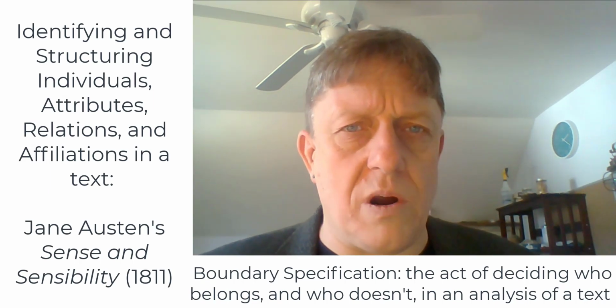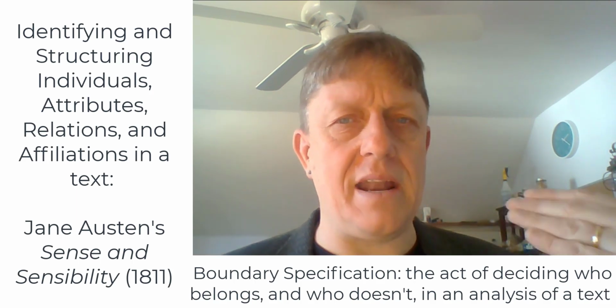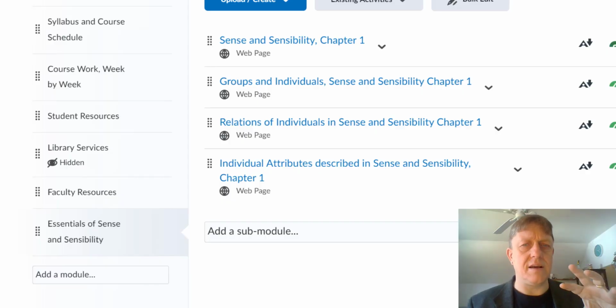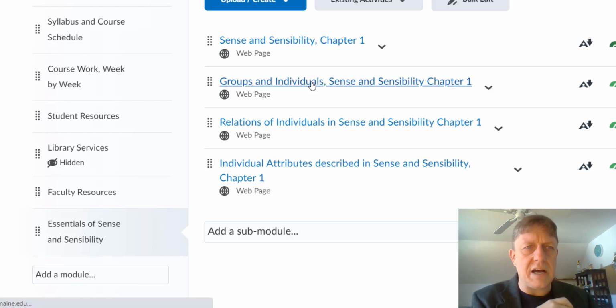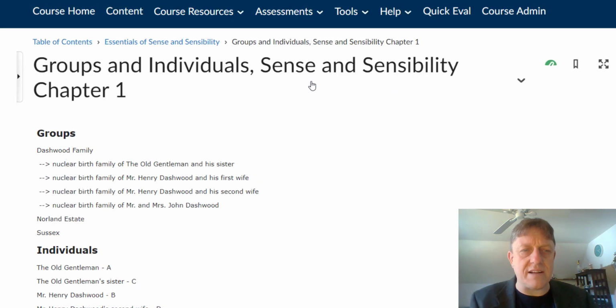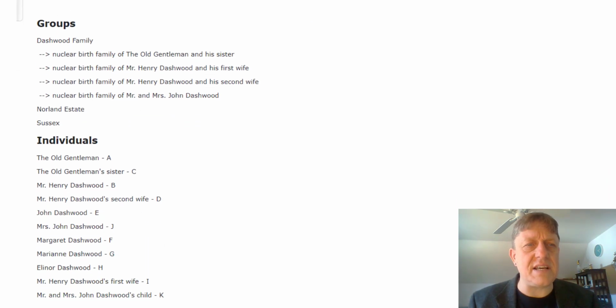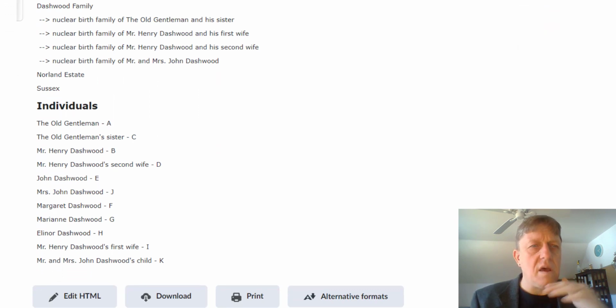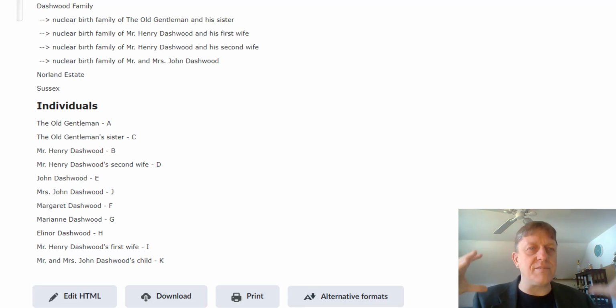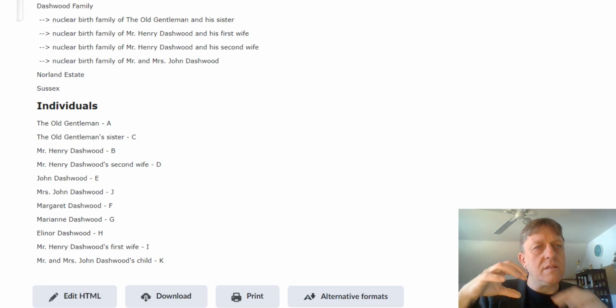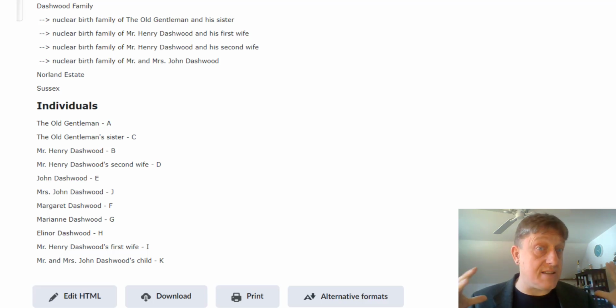So to do this work, we can take a look at individuals and groups as I've extracted them from the text. And let's take a look at groups first. In this list I read three primary groups that are sets of affiliations to which individuals belong, which are the Dashwood family, the Norland estate, and Sussex itself as a place, as a community.